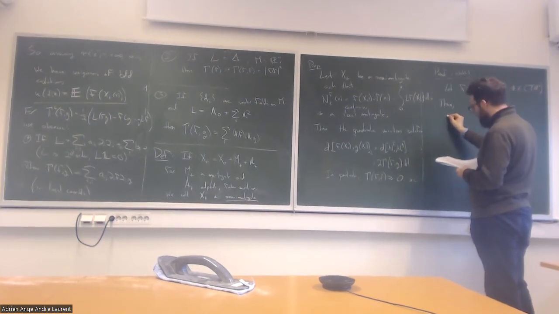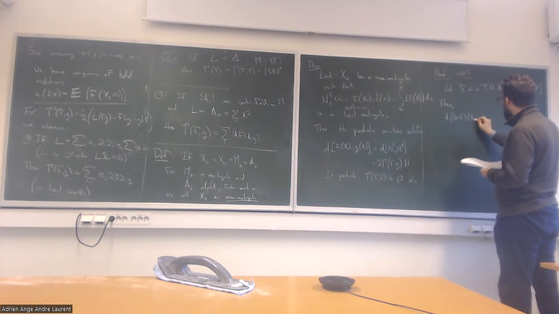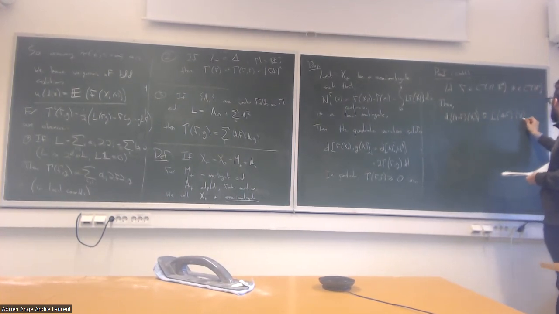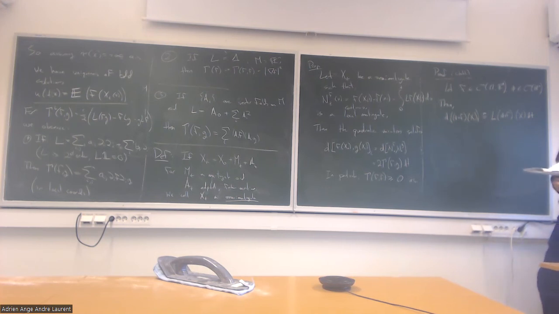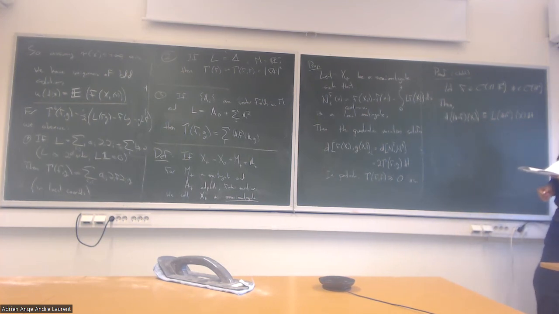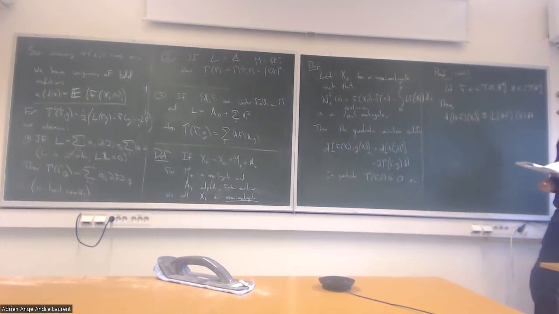So we can write d of phi composed with f of X_t. This is really the assumption on X. We have insisted that it's a continuous local martingale. This is exactly what we said.